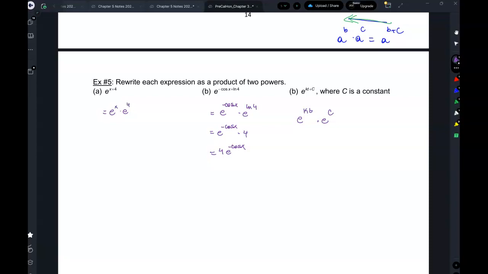Come on, you all know what e is. 2.7, blah, blah, blah. So c is some constant. Suppose c is 2.